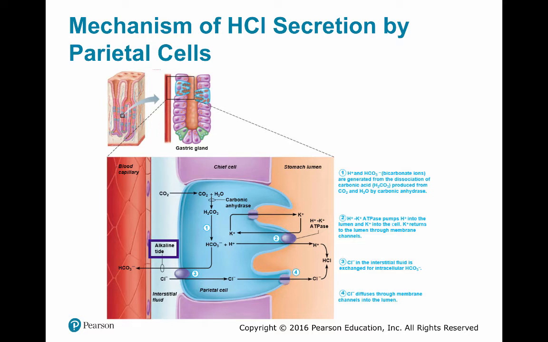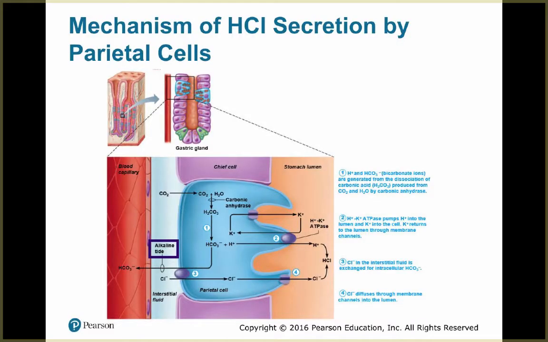If you can see, we're taking a look at HCl and what happens. So here's the blood capillaries, the interstitial space right here, and the actual gastric gland. If you look at the first step, both bicarbonate and HCl are generated from the dissociation of carbonic acid produced from CO2 and H2O.